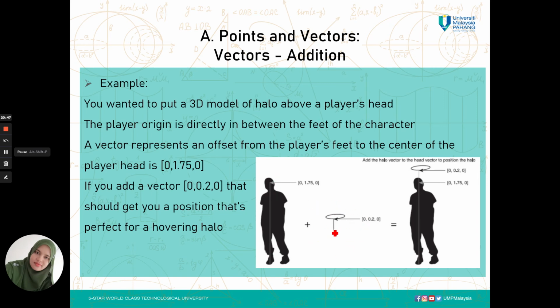You already know the direction of the halo and the direction of the human, of the player. So what you can do is add the vector of the player with the vector of the halo. The result is that the halo vector lands on top of the head vector. So you can see the character hovering with a halo.